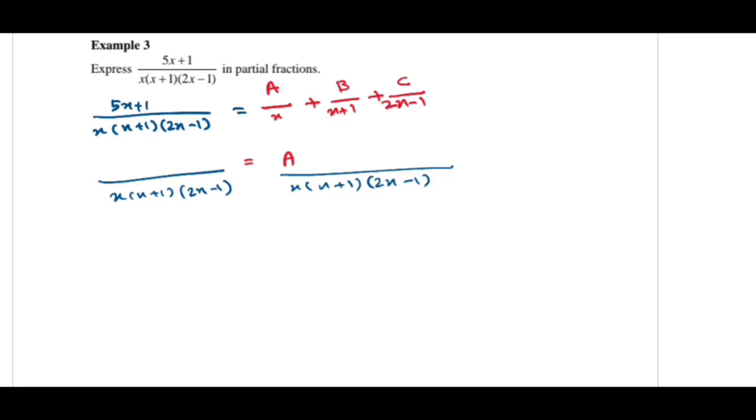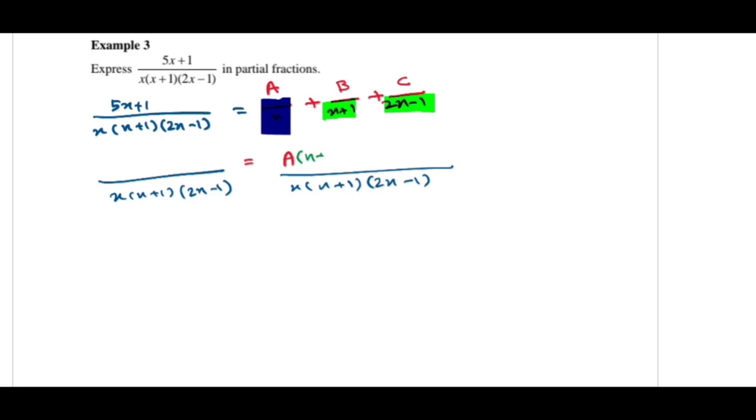So a needs to be multiplied with 2 more factors. And what are those factors? Remember, you just have to ignore the factor under a and just look at the other 2 factors from the other 2 fractions and multiply a with the 2 of them.